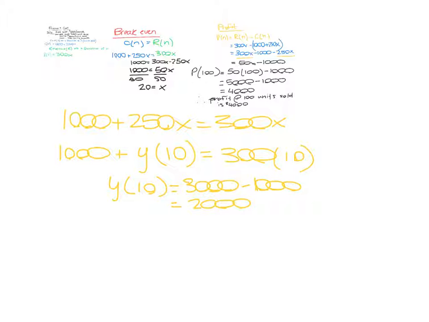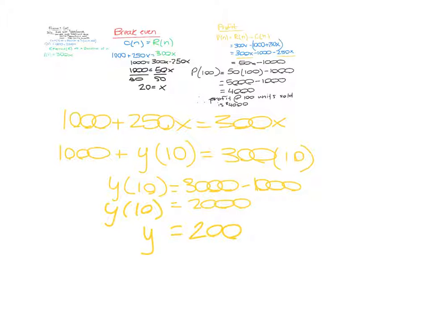So to solve for that y, we would divide everything by 10. 2,000 divided by 10 gets us that $200. So our variable cost would have to go from 250x to 200x. So $250 would be your original variable cost, and if we wanted to break even at 10 units, it would be $200 we'd have to reduce our variable cost to.